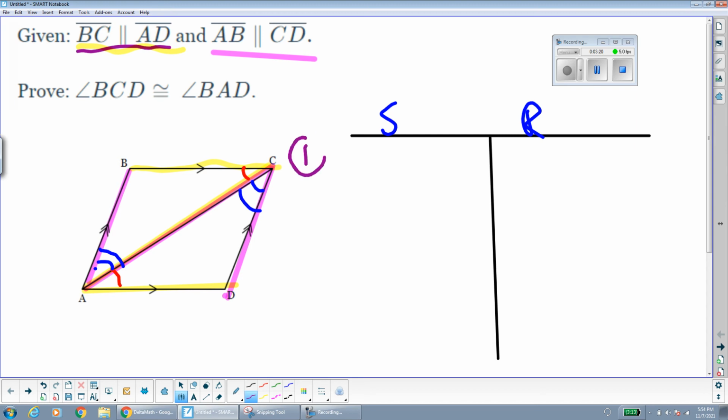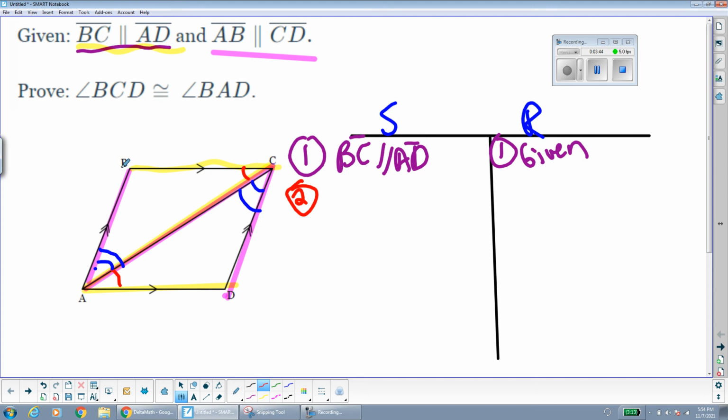So once again, my first given, I'm not going to write it in yellow because yellow is kind of hard to see. BC is parallel to AD. That's given. From that given information, we were able to draw the conclusion about the red angles being congruent to each other.